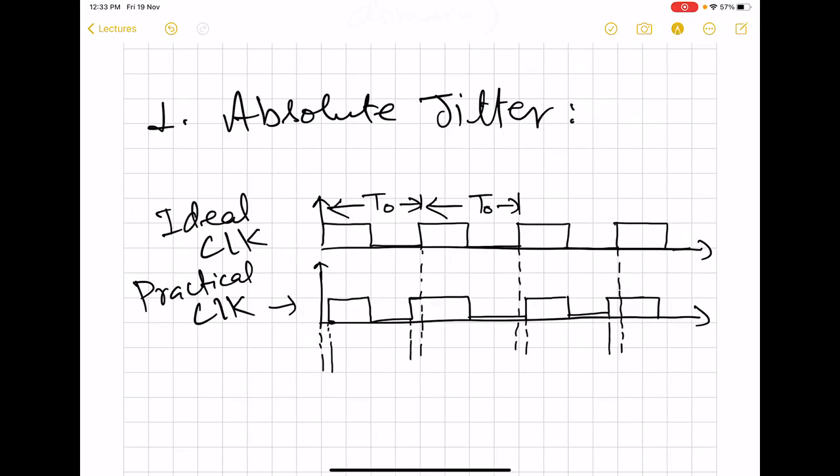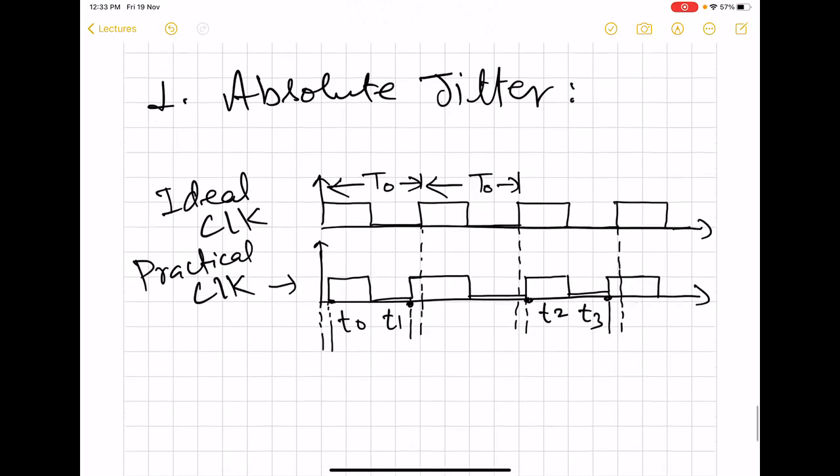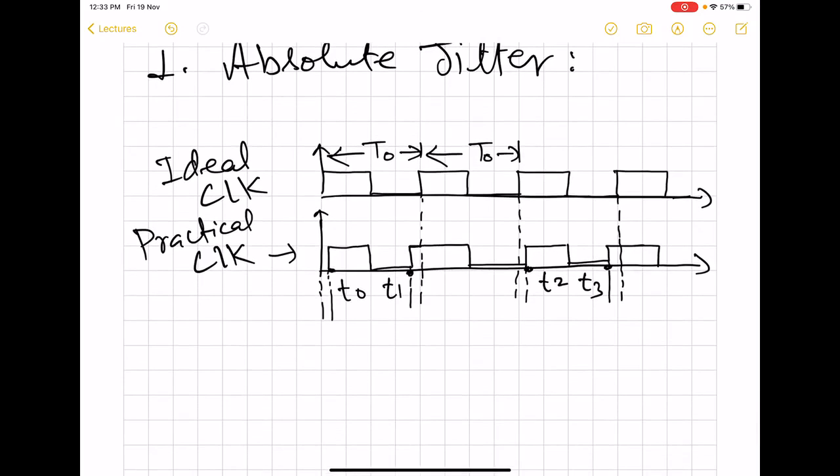Say the rising edge of the practical clock occurs at T0, and then at T1, then at T2. So these are the moments when the rising edge of the practical clock occurs. And we measure this gap, and this is what is called the absolute jitter.